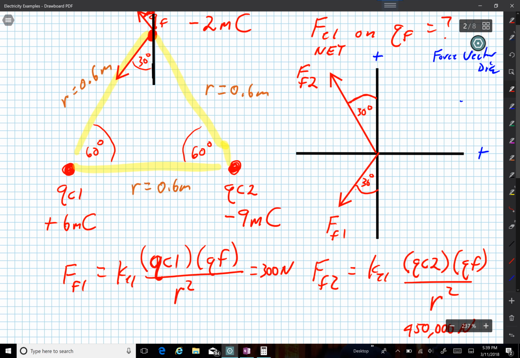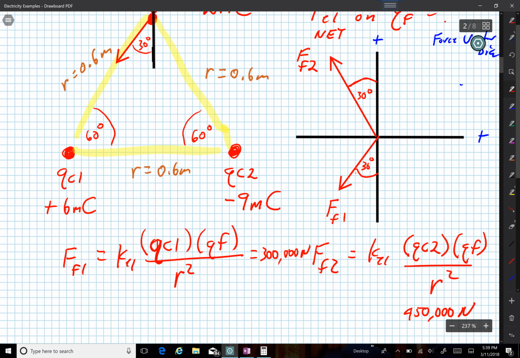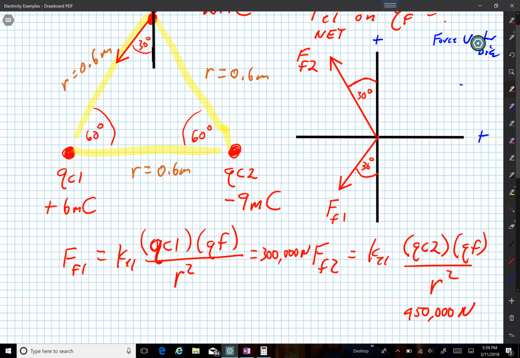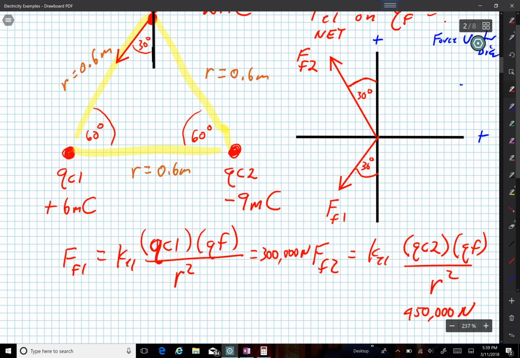There we go. Somehow I missed that before. 300,000 newtons. Okay. All right. So I've got the lengths of my vectors now, and I just used Coulomb's law to get them. And now I'm going to make my boxes.